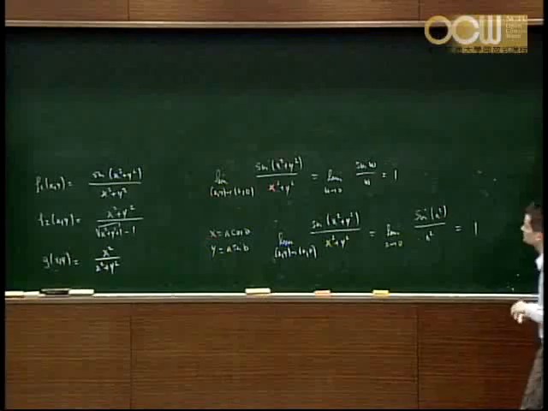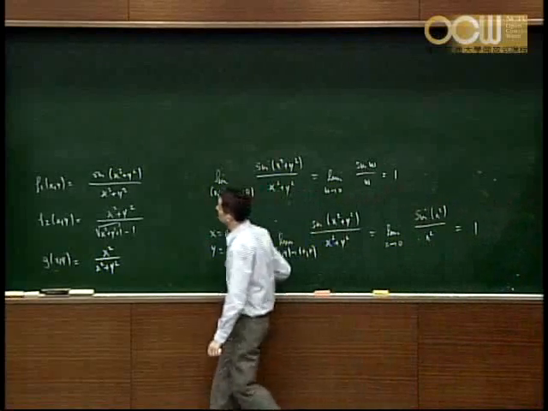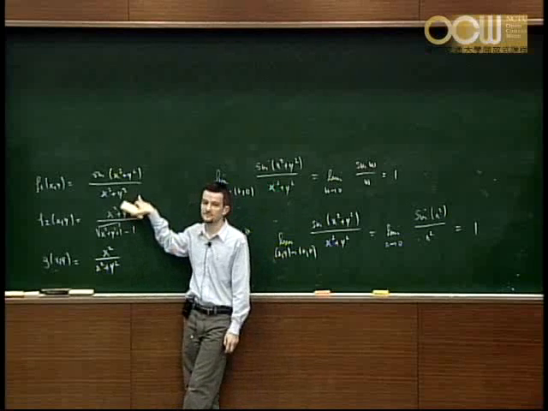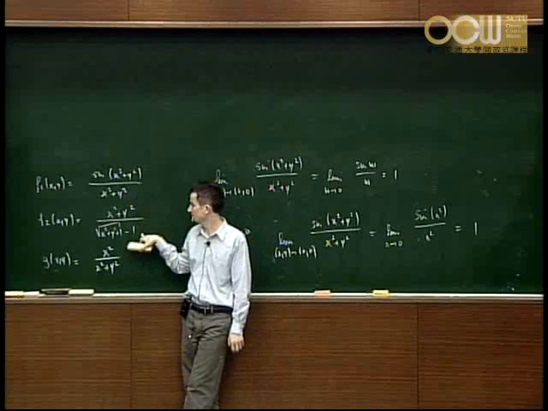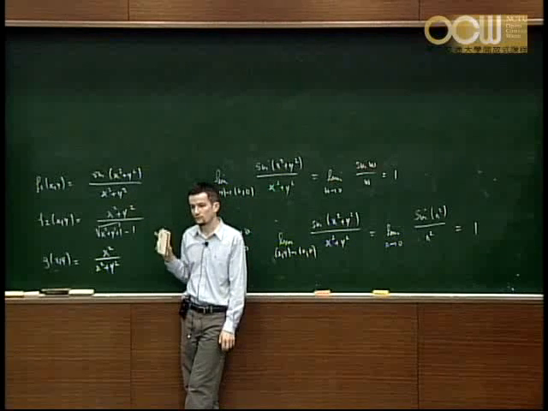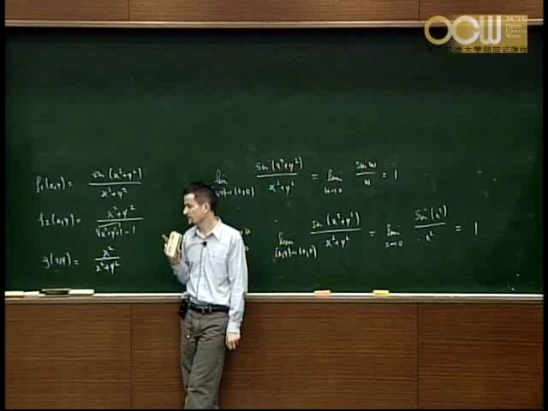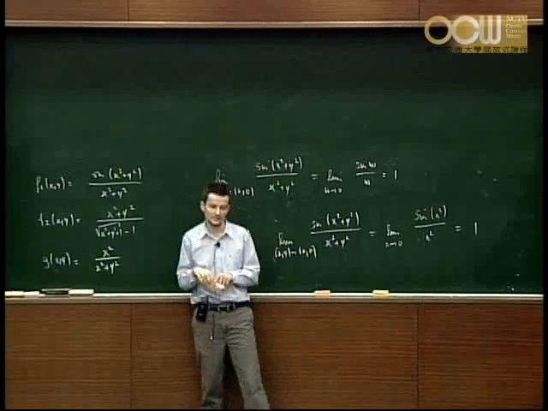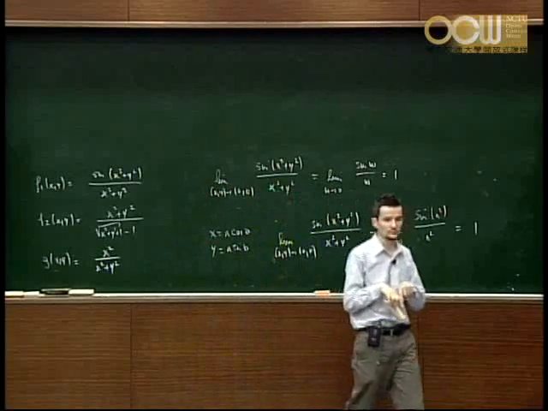This explains what I told you at the beginning, namely that this limit exists and is equal to 1, this limit exists and is equal to 2, and this limit does not exist. So once more, in order to summarize, for showing the limit does not exist, normally we try to find two different paths along which the function values approach different values.